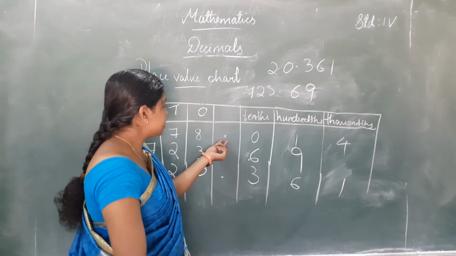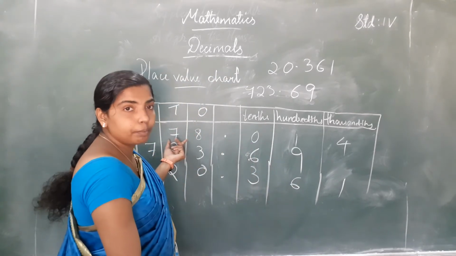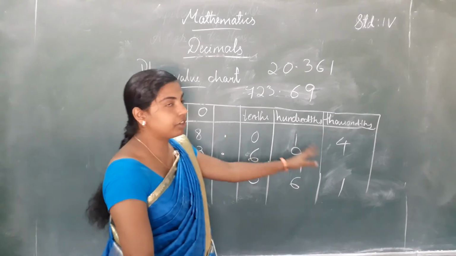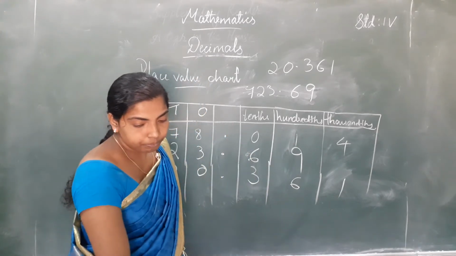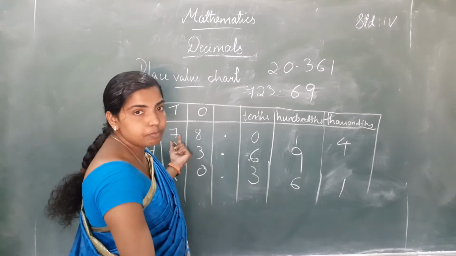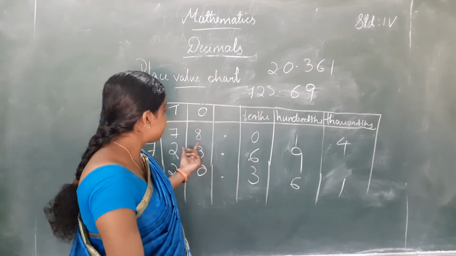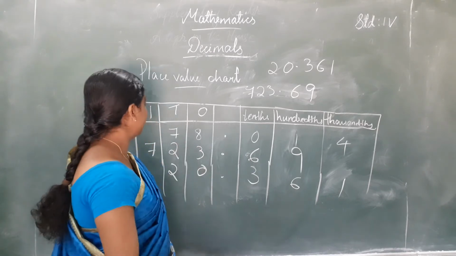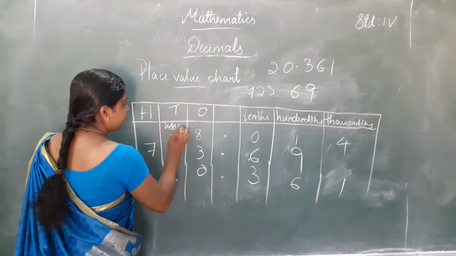There are 2 sections, the number lying before the point and the number lying after the point. So here the number 78, the number which is lying just before the point, that 78 is called the whole number part.